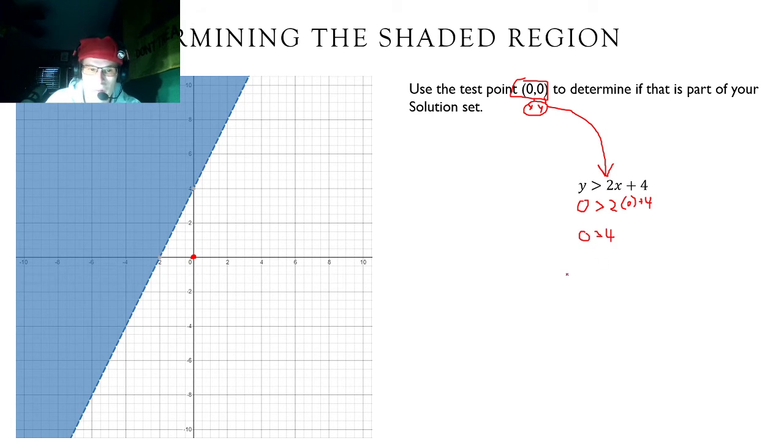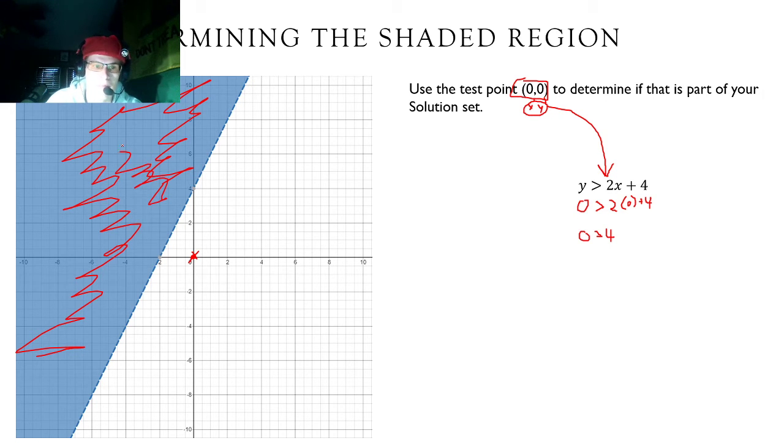Is 0 greater than 4? No, it is not. So that means 0, 0 is not part of our solution set. And once we conclude that, we can shade in our region. Okay? It's that simple. So you just graph the line, determine if it's a straight or dotted line, and then find your shaded area by substituting 0, 0 into your equation. Okay? Pretty straightforward.